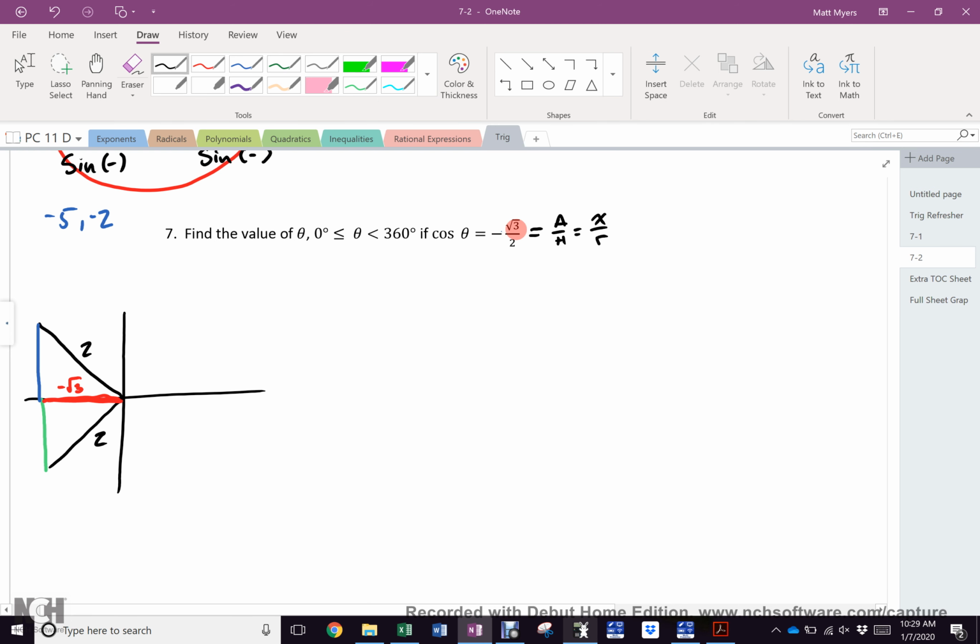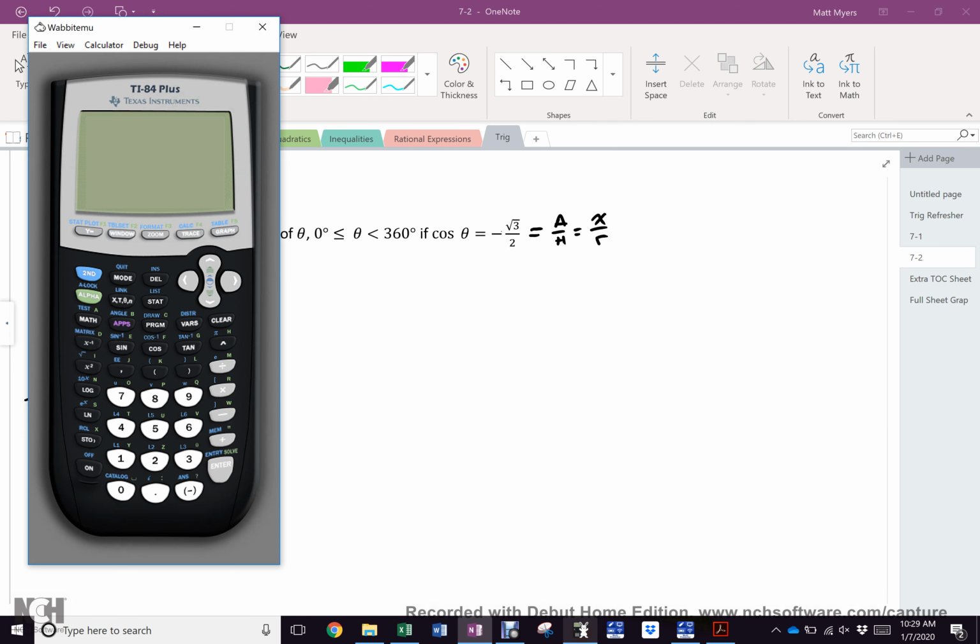Shift cos of this, yes? So let's go to our calculator and let's get it. My calculator's not turning on, so one of you has to do it. Oh, there it is. Shift cos negative root 3 divided by 2.